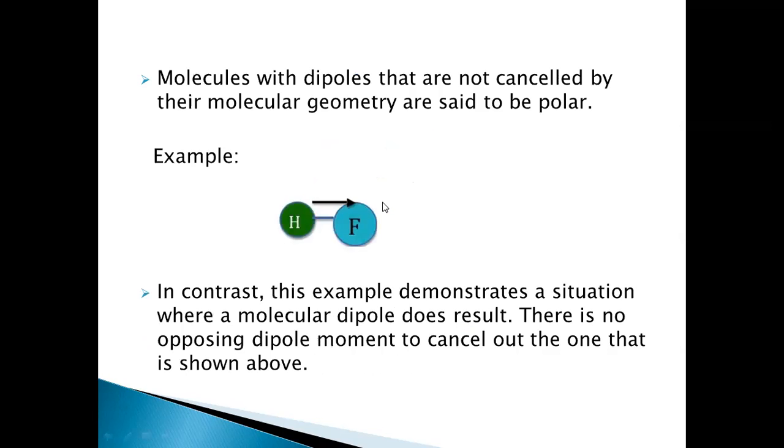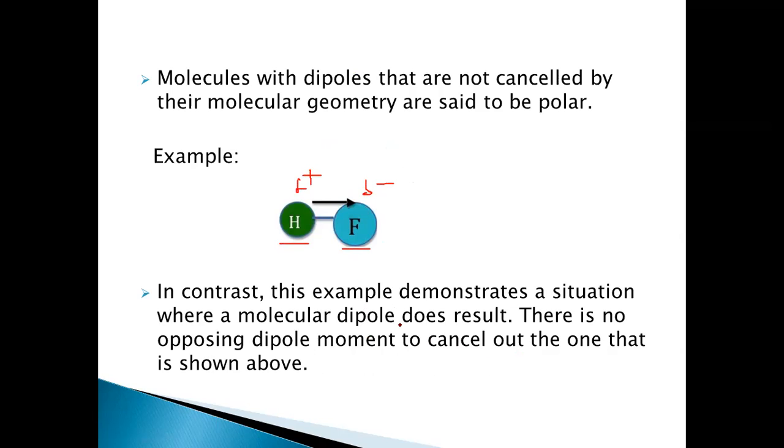But when we take the example of HF here, we know that fluorine is highly electronegative compared to hydrogen, so it gets a partial negative charge here, and in the same way hydrogen is getting the partial positive charge here because hydrogen is less electronegative. And now this is said to be polar here, and there is a net dipole moment here.